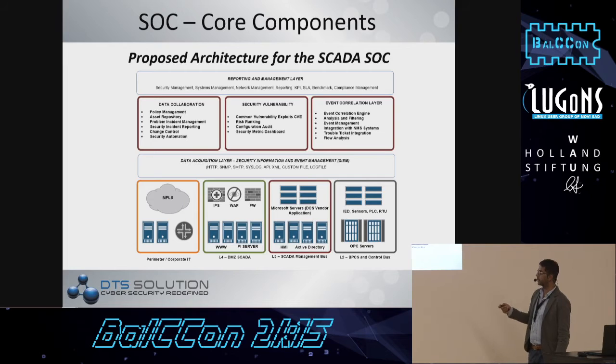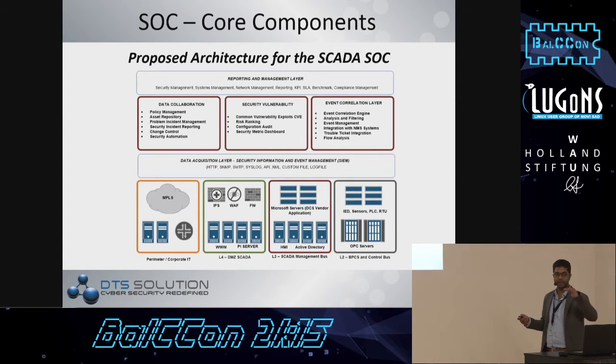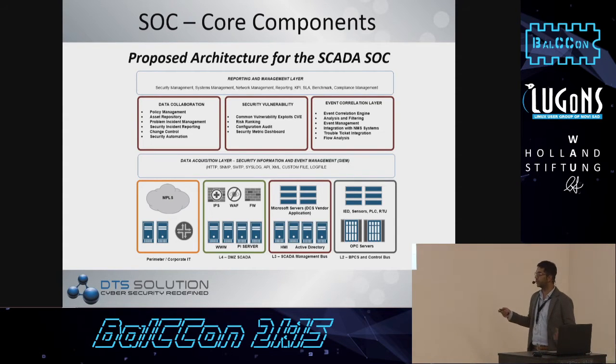Then you have your level 3 networks, which are basically the SCADA management bus, which is the HMI, the Active Directory, and Microsoft servers with DCS applications running on there, like Siemens, Honeywell, etc. And then you've got your level 2, level 1 devices, which are OPC servers, connecting to your instrumentation devices, sensors, PLCs, RTUs.